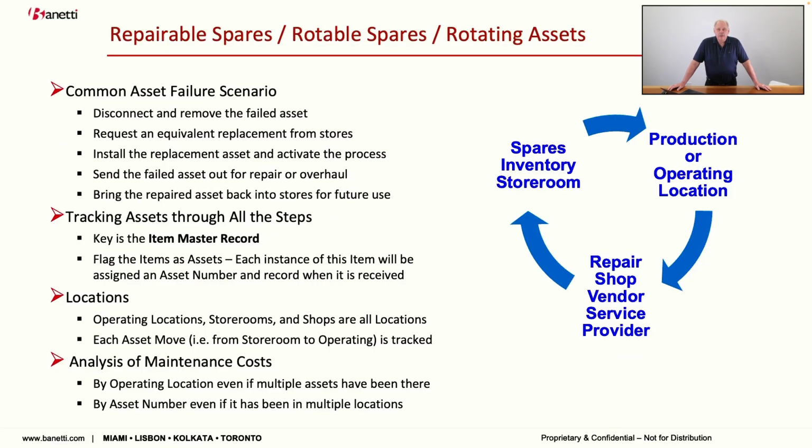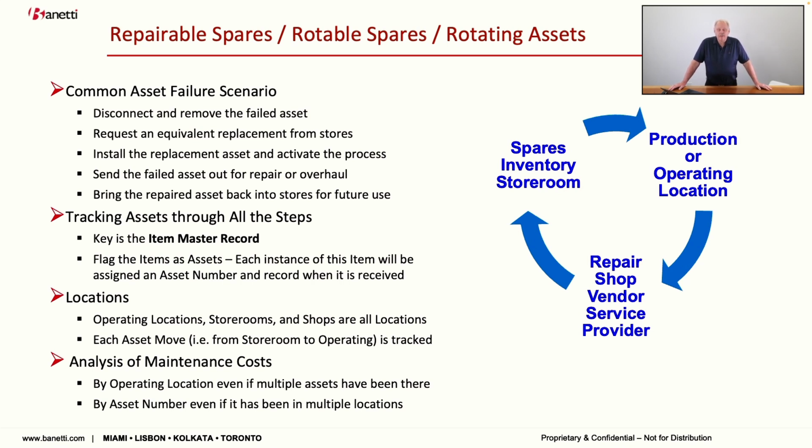Another major thing that we need to look at to really accelerate understanding our assets is that these assets do move from time to time in most organizations. There's different terminology people use to identify assets that have a tendency to relocate themselves now and then. Repairable spares. If a motor on a pump in a refinery goes out, the refinery manager doesn't want to watch somebody rewind that motor.